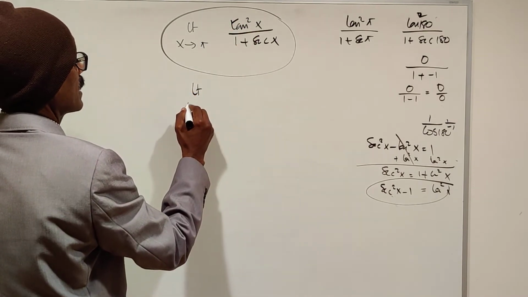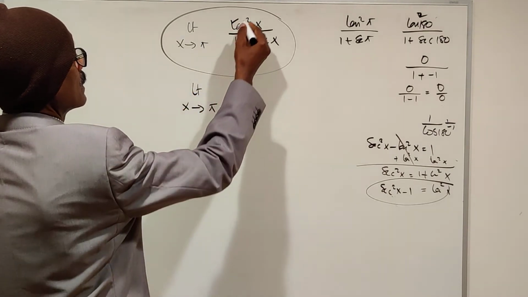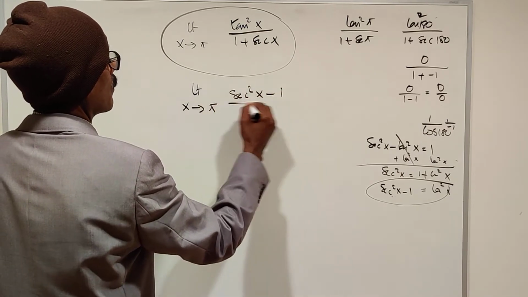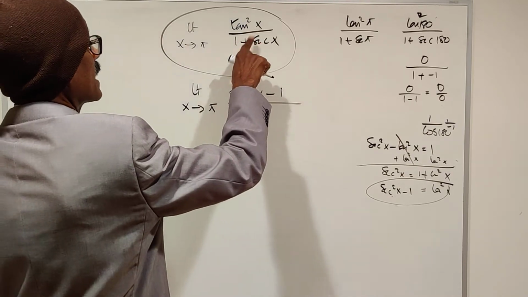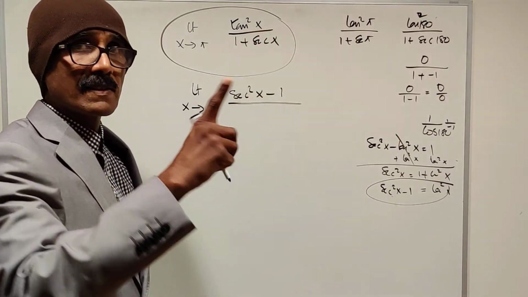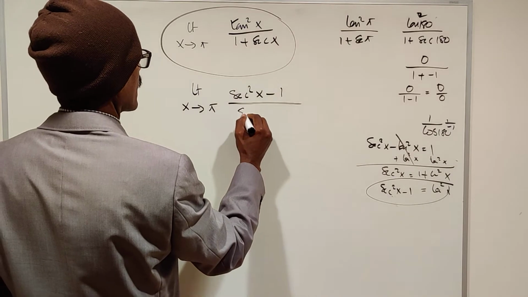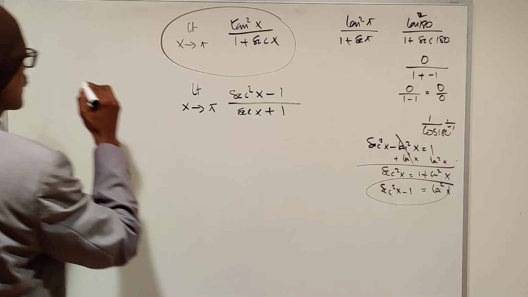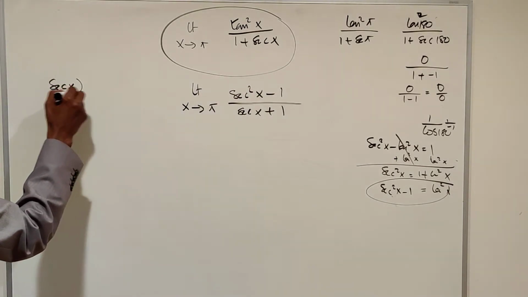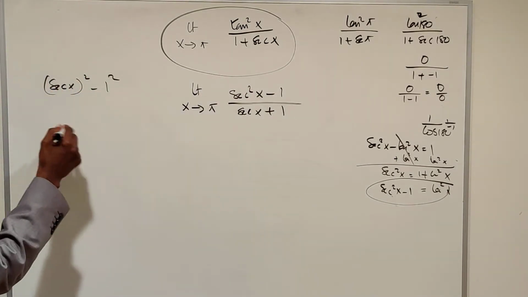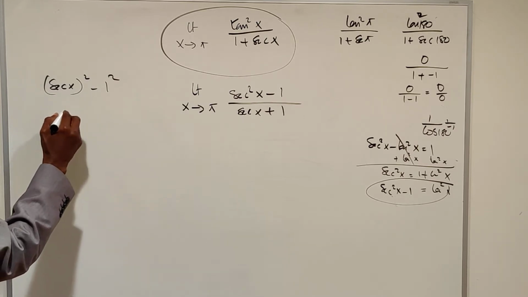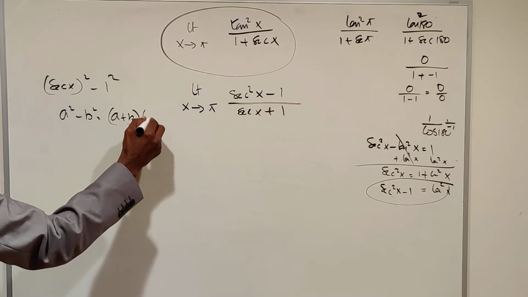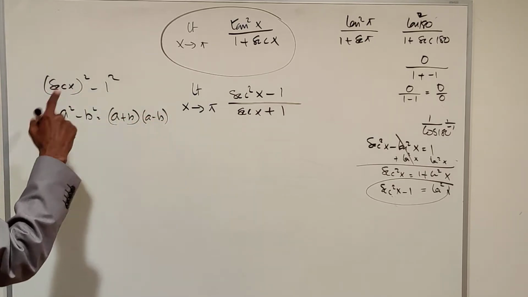Limit x tends to pi, tan square x is sec square x minus 1, by sec x plus 1. 1 plus sec x and sec x plus 1 are both the same. See, sec square x minus 1 is sec x the whole square minus 1 square. We just need to apply the identity a square minus b square equals a plus b into a minus b.